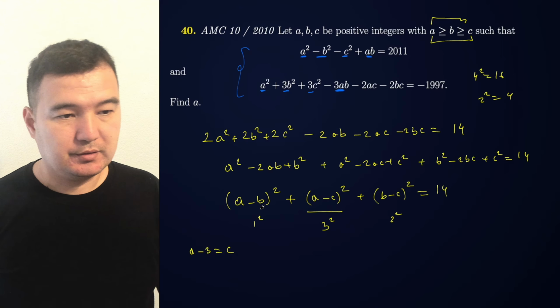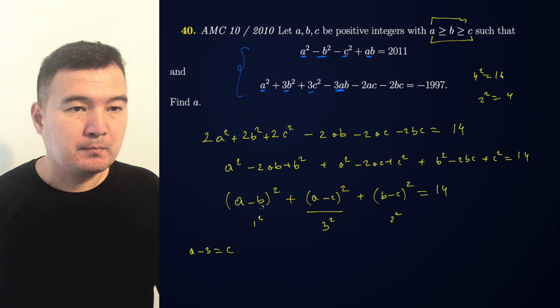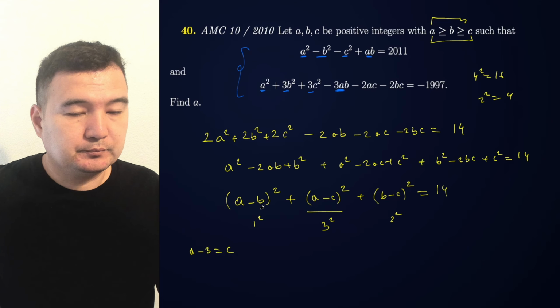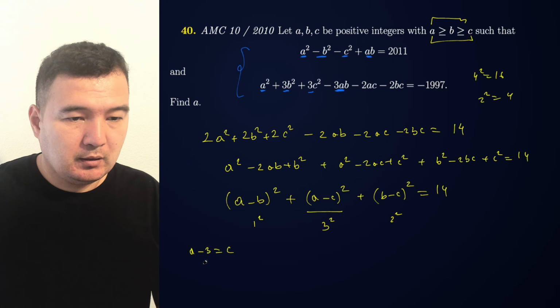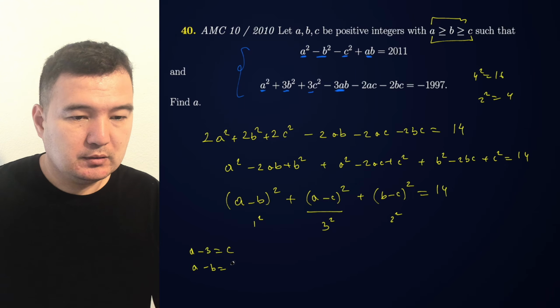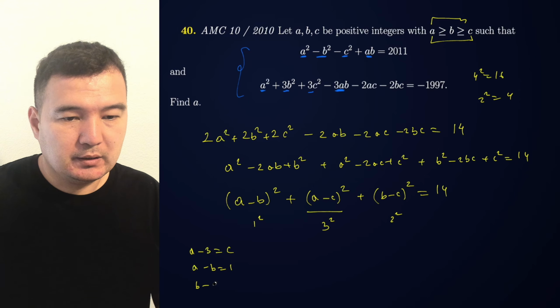You can just check the options. Let's say the first case: A minus B is 1 and B minus C is 2.